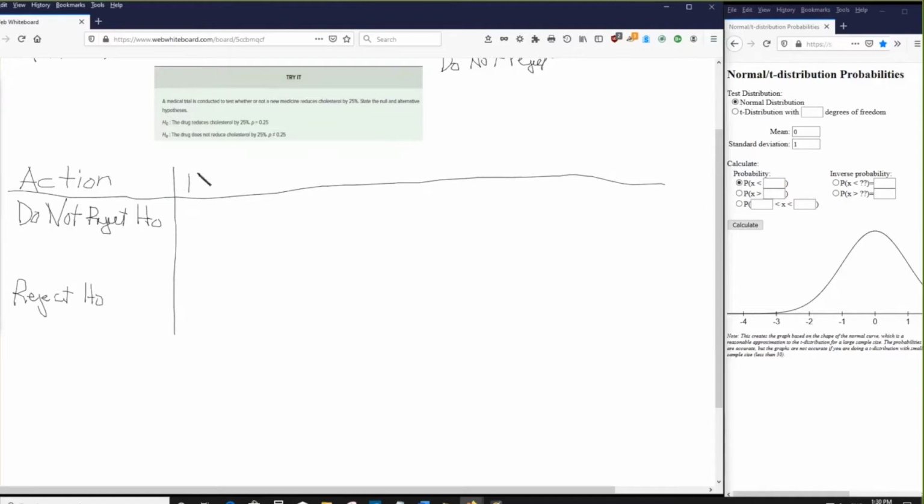If the null hypothesis is actually true, and I choose not to reject the null hypothesis, then I have the correct outcome, and I've made the correct decision.